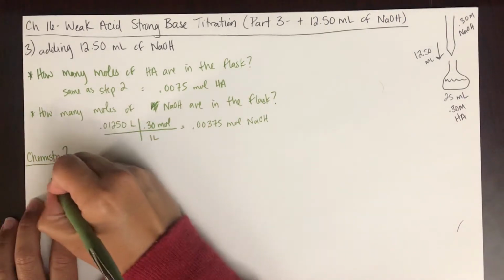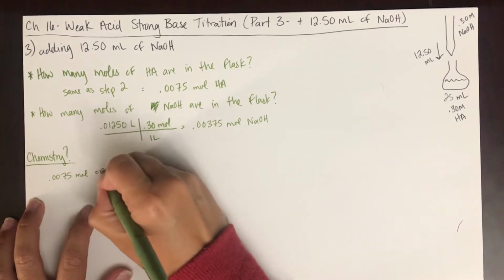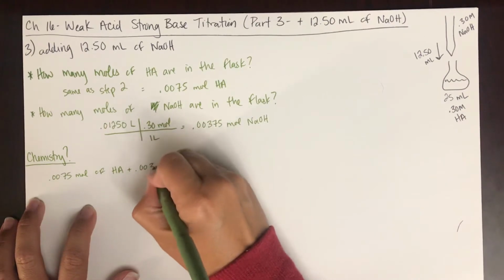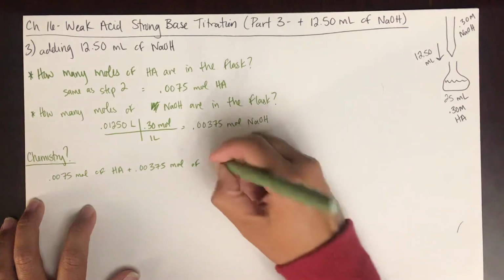Okay, so now let's see what's happening with the chemistry. So I have 0.0075 moles of HA plus 0.00375 moles of sodium hydroxide.